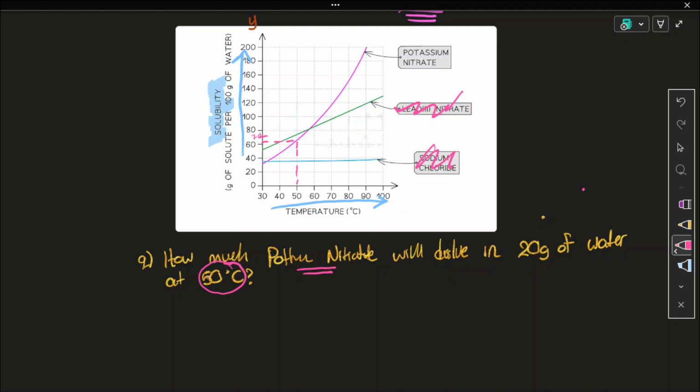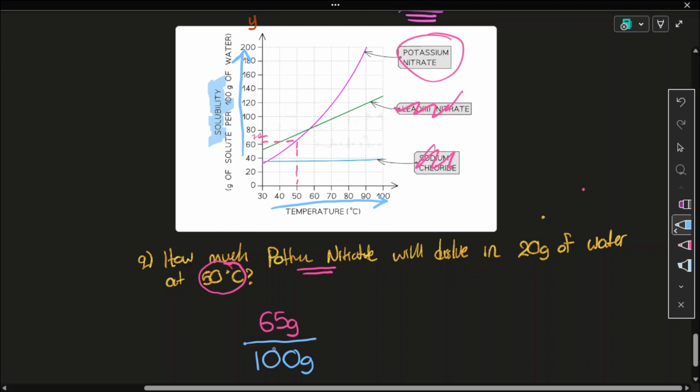Let me pick the blue to represent the water. So in 100 grams of water, we want to know how much potassium nitrate will dissolve in 20 grams.